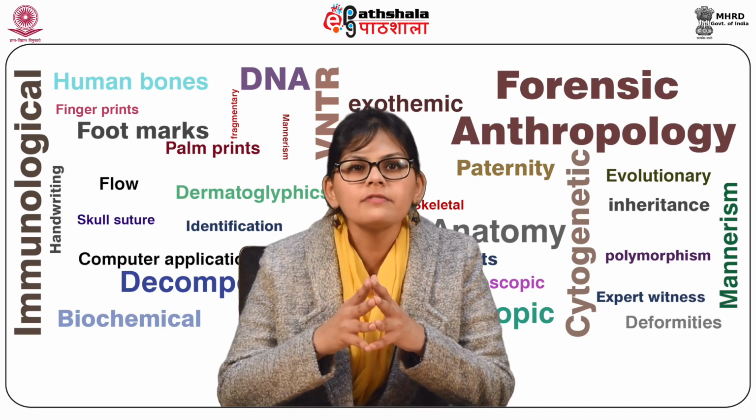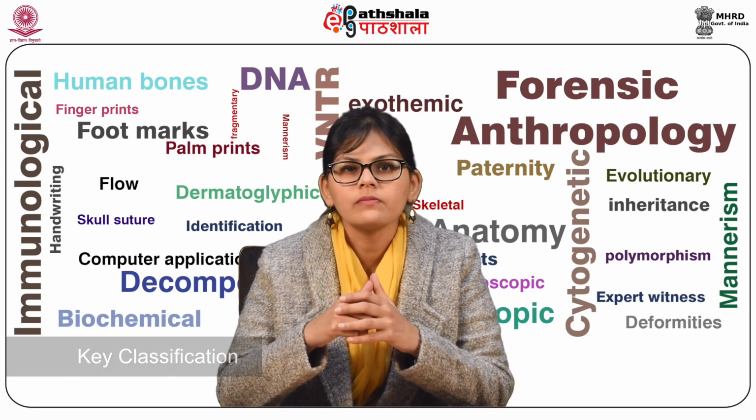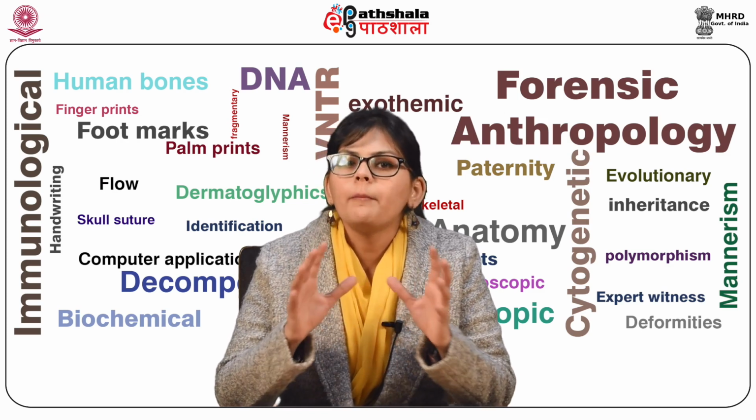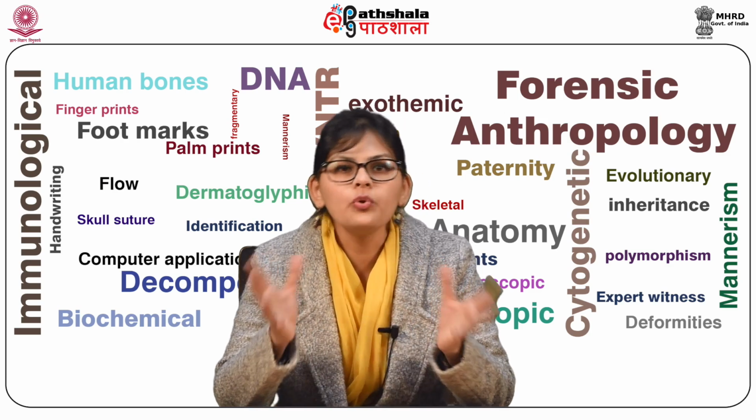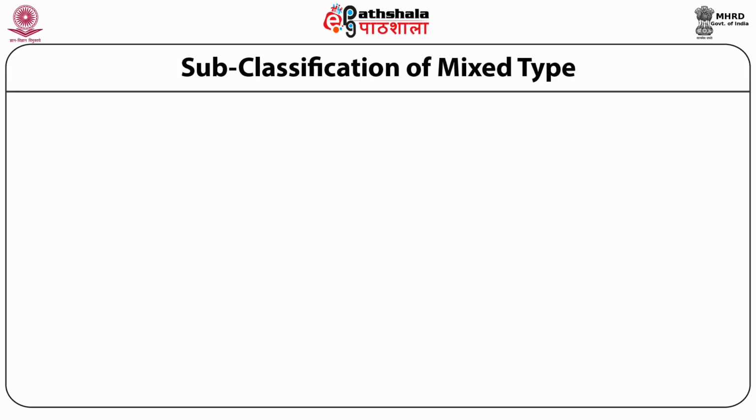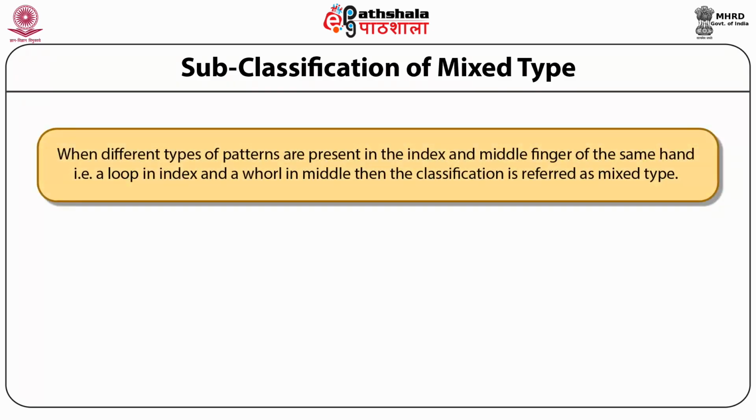The next type of classification is key classification. This is the classification based on the ridge count of the first loop pattern, excluding the little finger. Now you will be knowing the subclassification of mixed type. When different types of patterns are present in the index and middle finger of the same hand, that is, a loop in the index and a whorl in the middle, then the classification is referred to as mixed type.